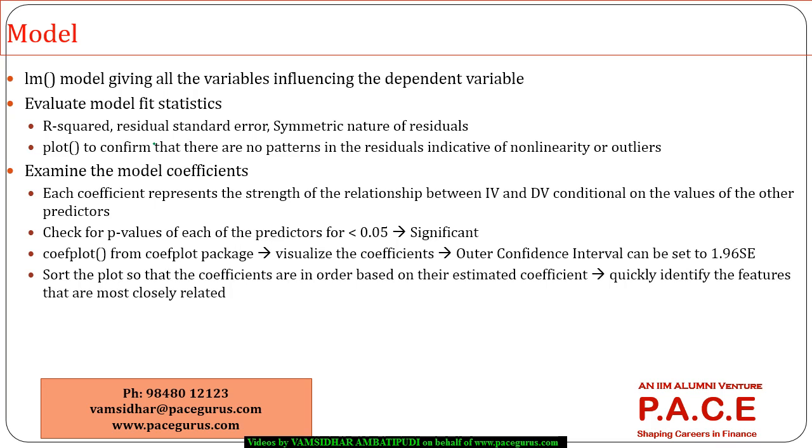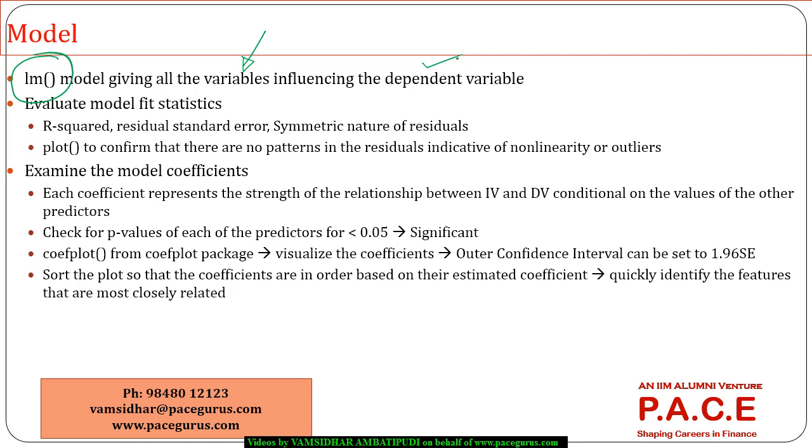So initially we can go ahead with our original data set itself. We have already seen earlier that lm is an R function which takes all your predictor variables that will influence the dependent variable, and it gives me the overall model.